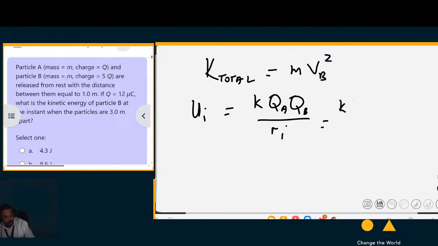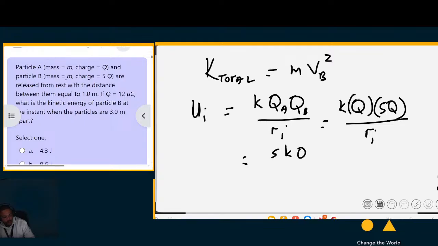QB is equal to 5q, and if you multiply it out, it looks like 5kq squared over r initially. So that's the initial potential energy.